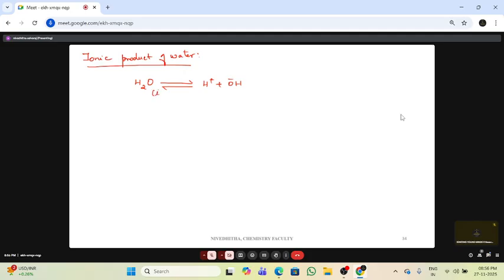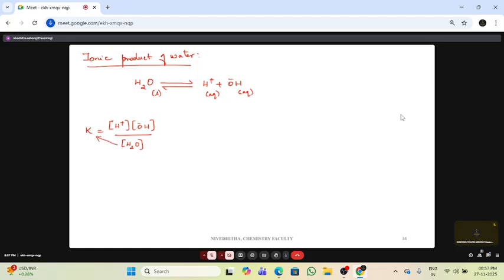This is a pure liquid and it will get dissociated in an aqueous medium. Since the system is in equilibrium, we can write an equilibrium constant K, which is concentration of product divided by concentration of reactant. Here the reactant is H2O, which is a pure liquid, and we know the concentration of pure solids and liquids is unity. So the concentration of water is 1, which is a constant, and K is also another constant.